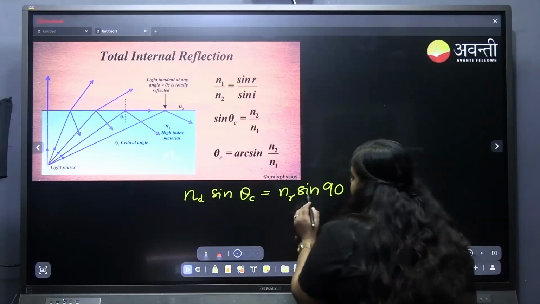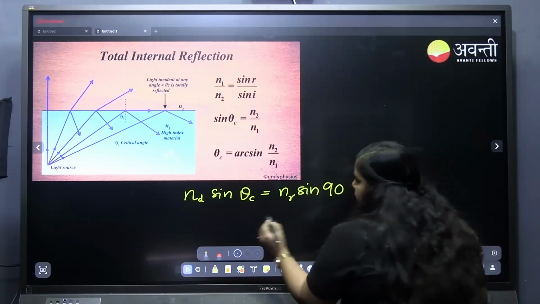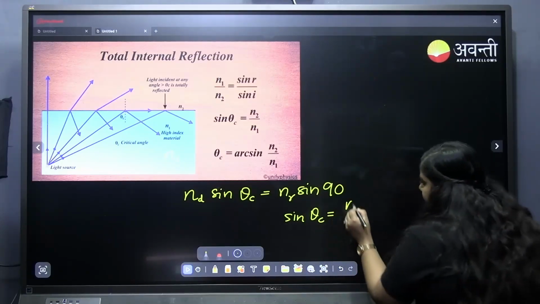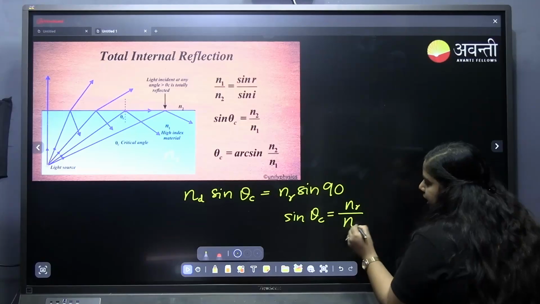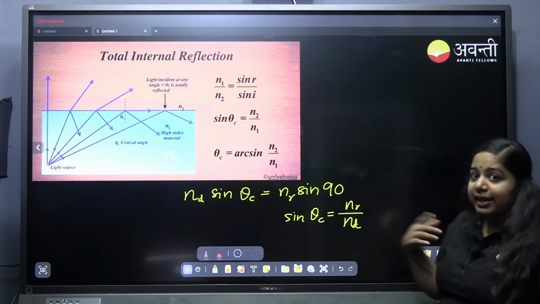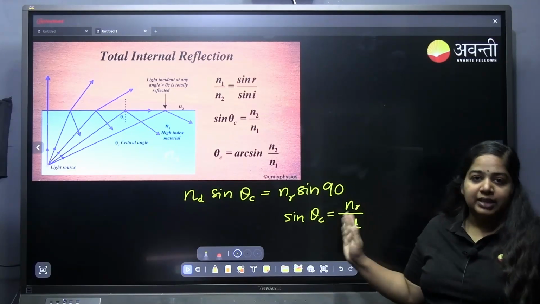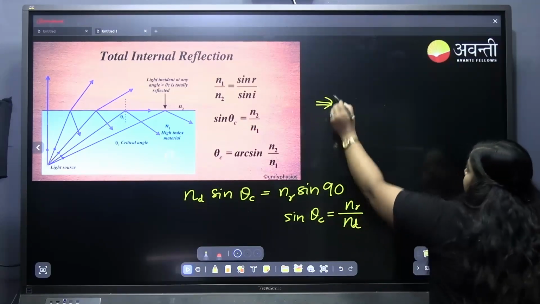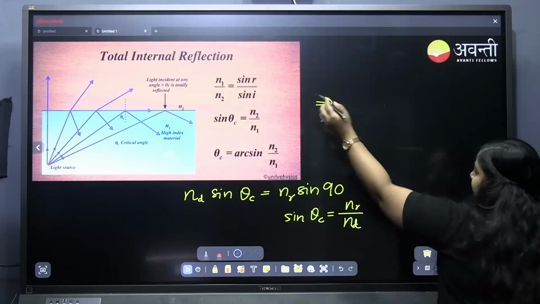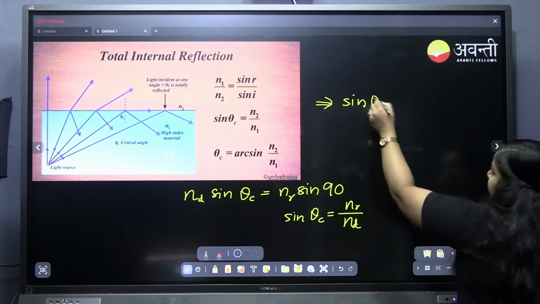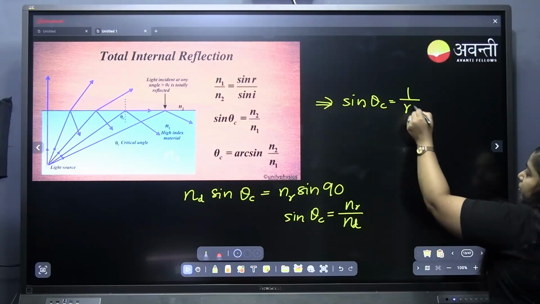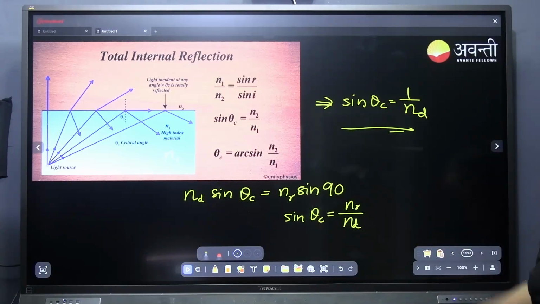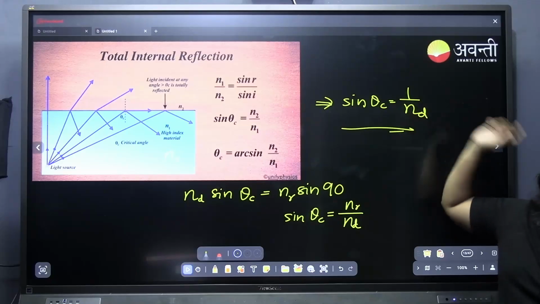Then sin 90 is 1, which means sine of critical angle is equal to n rarer divided by n denser. In case the rarer medium is air, it will be 1. Then sin theta c is equal to 1 by n, that will be just of the denser medium, if the second medium is air.